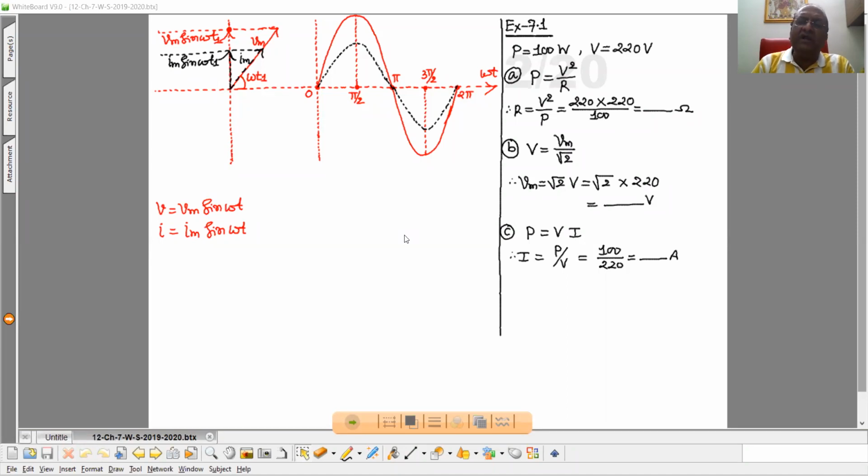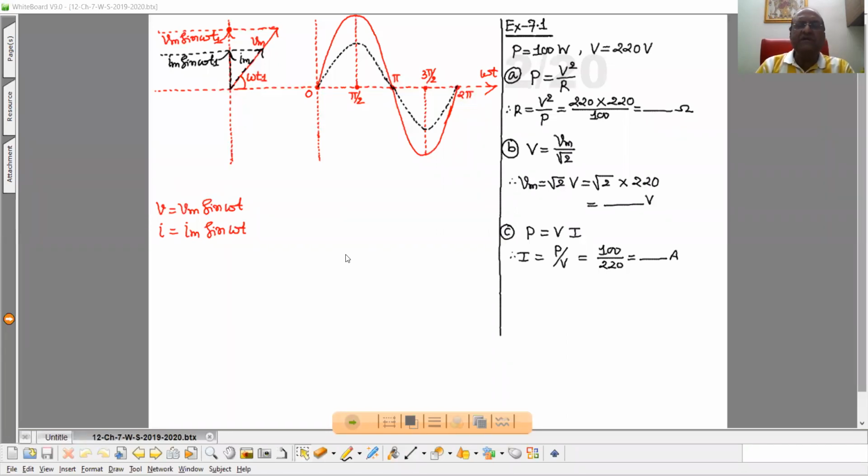Now, how do we represent voltage and current with the help of a rotating vector? Suppose at any time t we consider the instant t1.